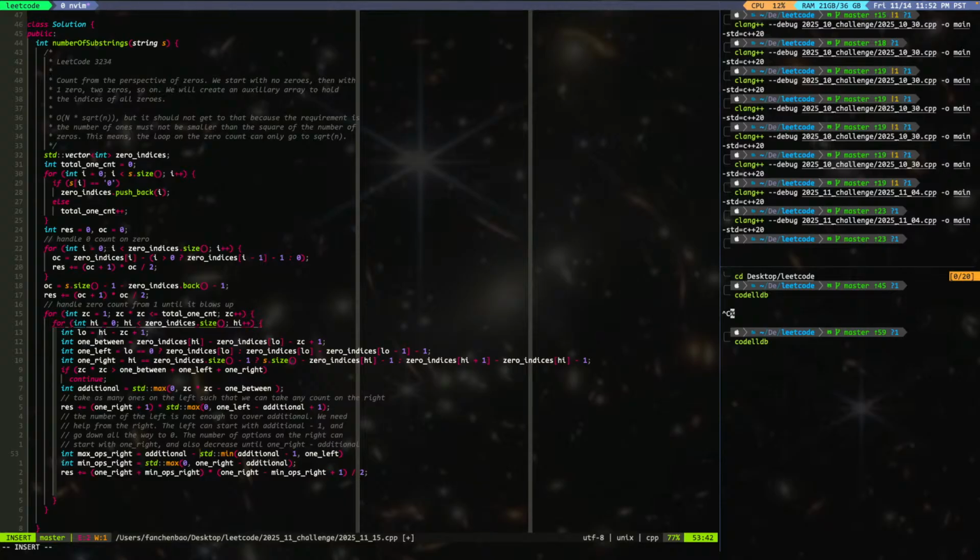So the maximum operation we can do is going to be the additional, right, minus what can do this, and this is what the right hand side needs to supply, right? And if 1 left is additional minus 1, now if its minimum is going to be additional minus 1, then the maximum number of operations is going to start from 1, right?